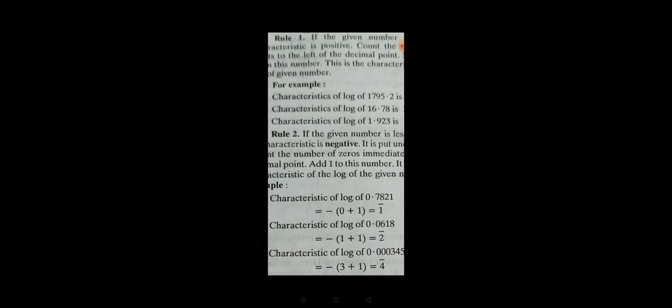Obviously there are 4 digits. Subtract 1 from this number. So 4 minus 1, that is equal to 3. So the characteristic for 1795, if you are writing down the logarithm of this number, then the characteristic will be 3.